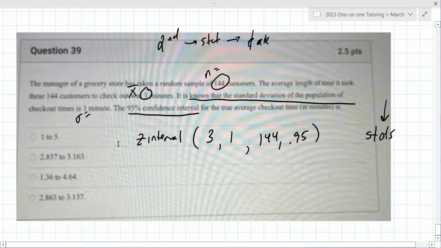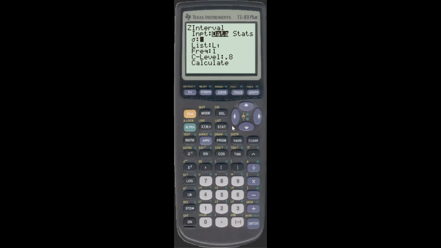Okay, let me take a look here. Maybe I plugged it in wrong. 3 minutes. Standard deviation of the population is 1 minute. All right, on stat test, Z interval, enter stats. Sigma, I gave it maybe the wrong number here.